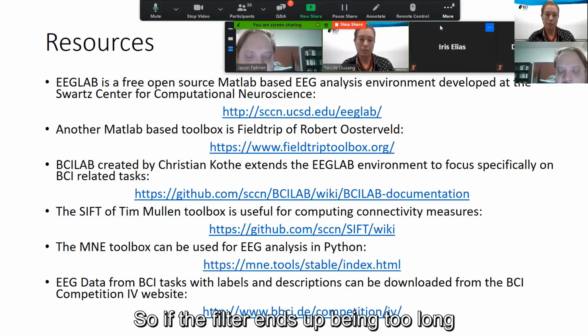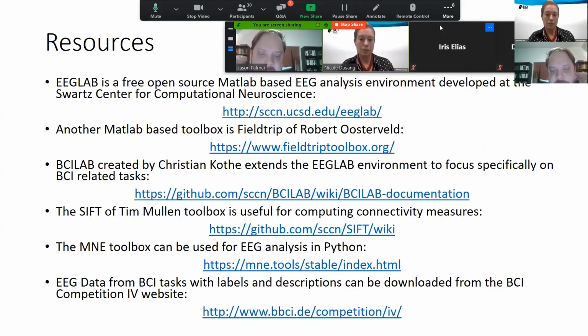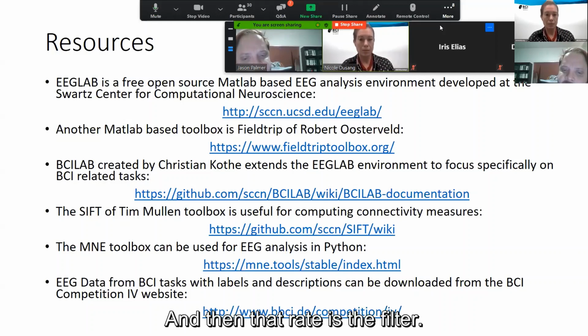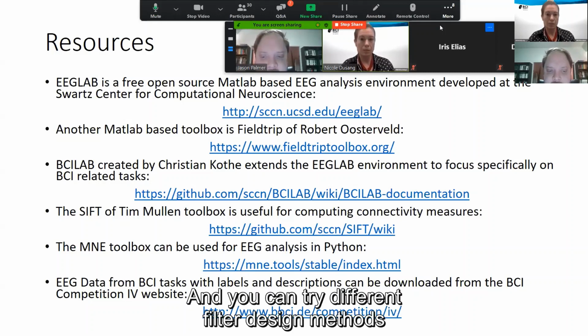So if the filter ends up being too long, then you try to reduce the noise reduction level, and that reduces the filter length. And you can try different filter design methods.